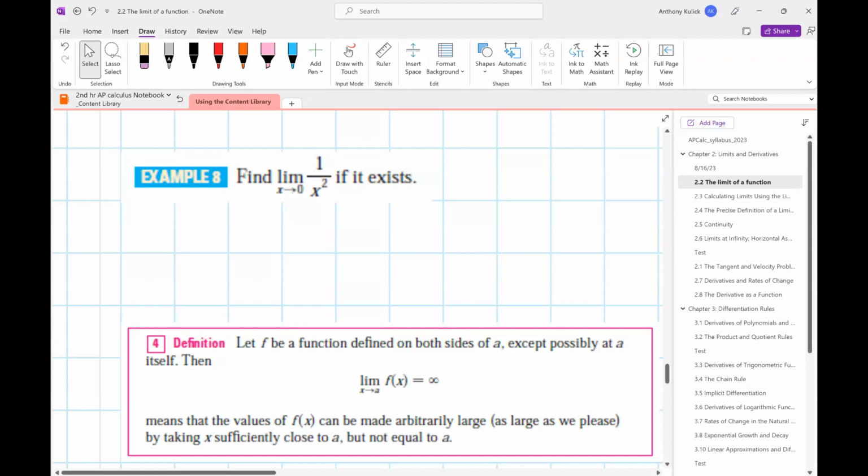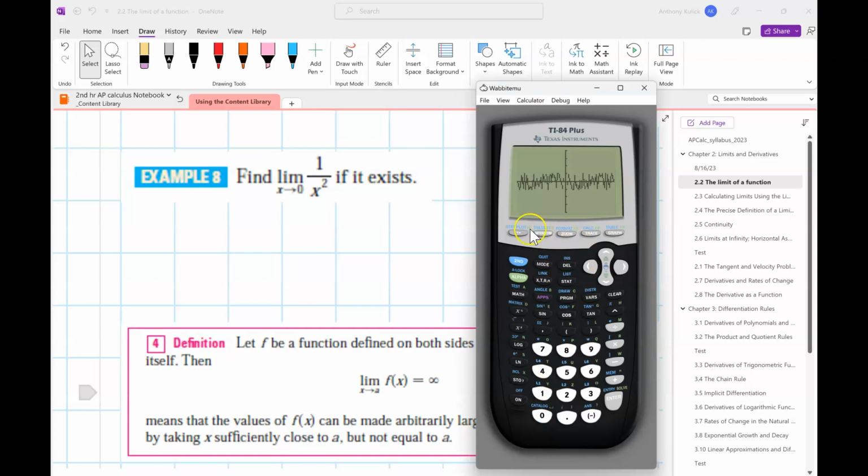Infinite limits. So we say the limit as x approaches a of f of x is equal to infinity if both the left hand and right hand limits go to infinity. Right? So if I look at 1 over x squared, I notice that I have both the left-hand limit and the right-hand limit at 0 going to positive infinity, right?